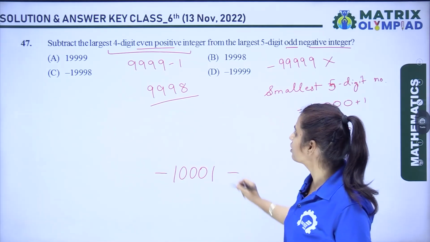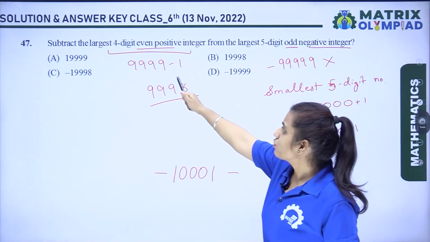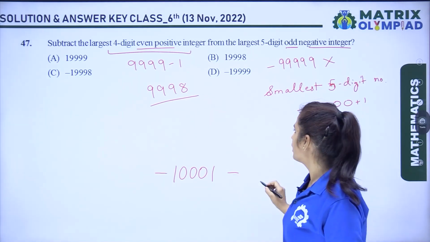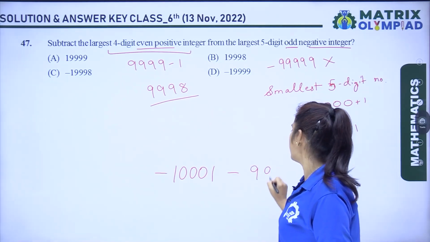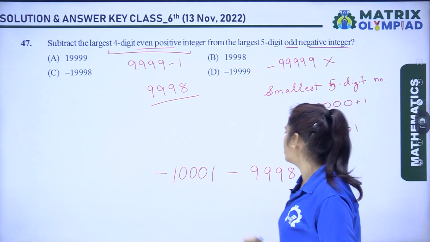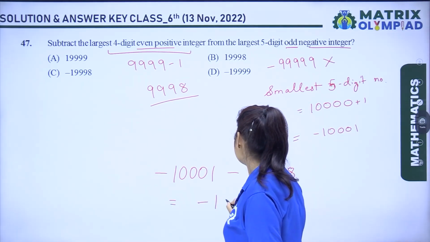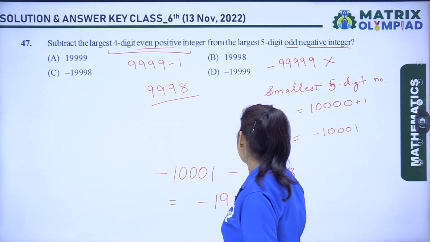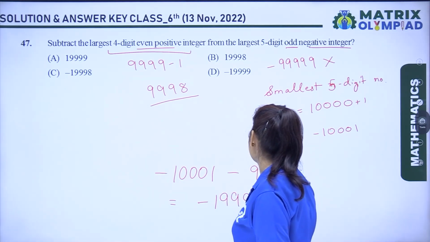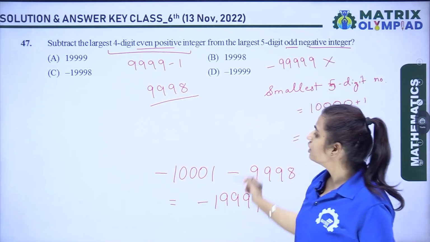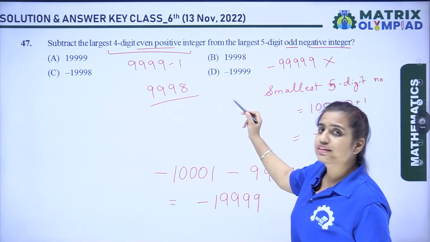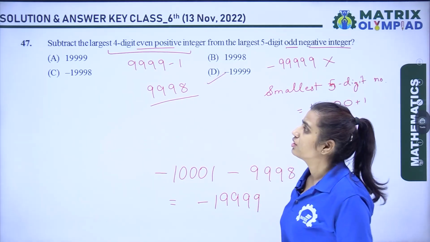Now, subtract the largest 4-digit even positive integer, that is 9998. So, here we get negative 19,999. So, here option D is the correct answer.